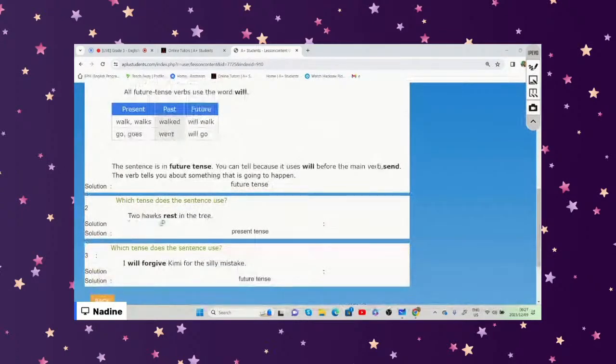Two hawks rest in the tree. If we look at the word rest, does that show the present tense, the past tense, or the future tense? Rest. Two hawks rest in the tree.